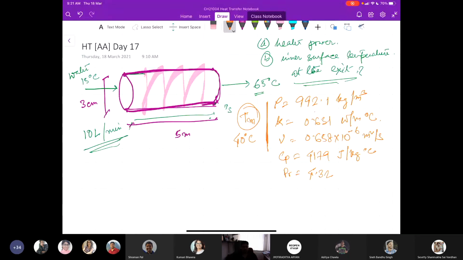So how do we proceed? First, we have to calculate the flow velocity from the flow rate. Then we have to find the Reynolds number, and accordingly, if it comes out laminar, we apply the laminar formula, otherwise the turbulent one. Let me think a little more.